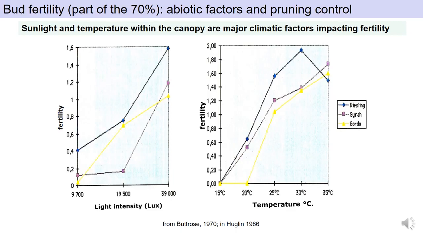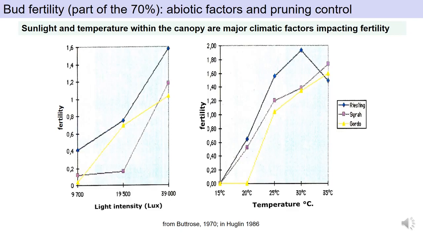inflorescences. And on the left hand side, you see that you need a certain amount of light within the canopy for the latent bud to work properly in terms of differentiation of primordia of shoots, leaves, and inflorescences.